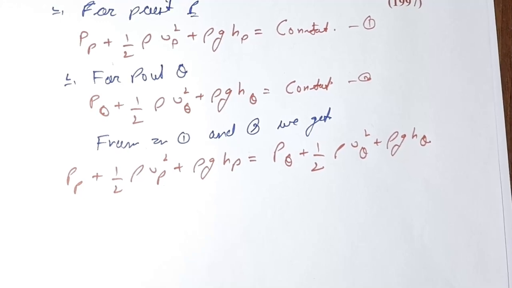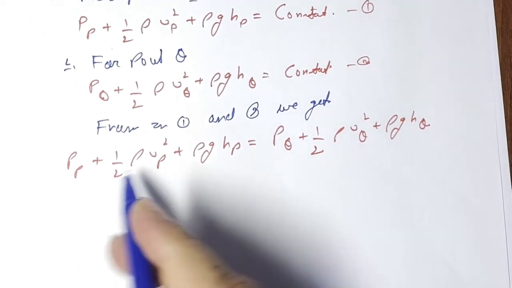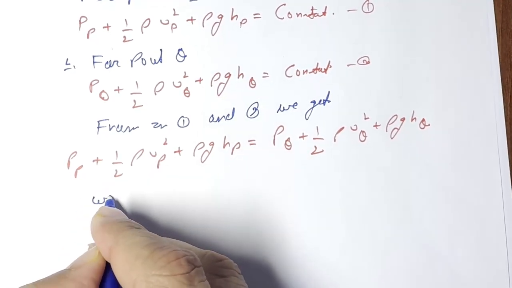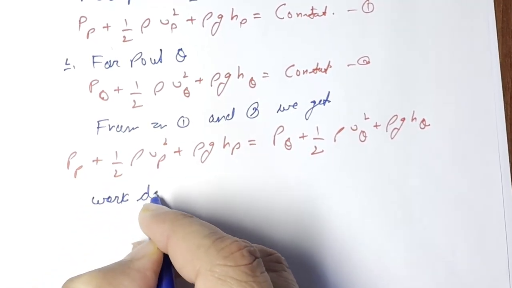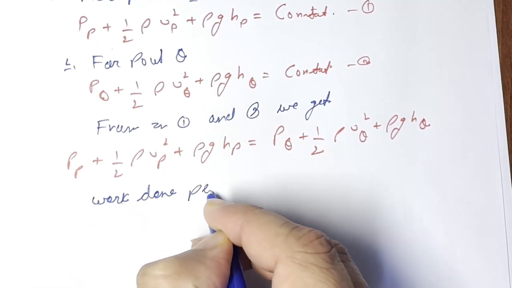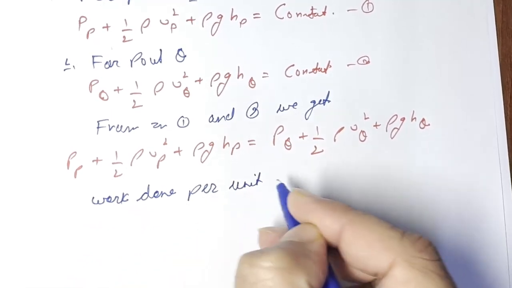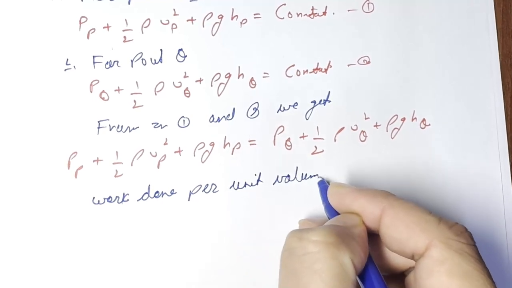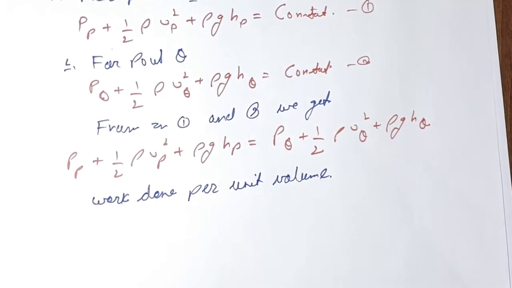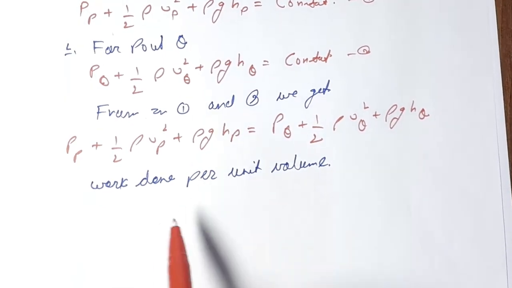And we have to find out the work done per unit volume. So for the work done per unit volume, we make some adjustment in this equation.